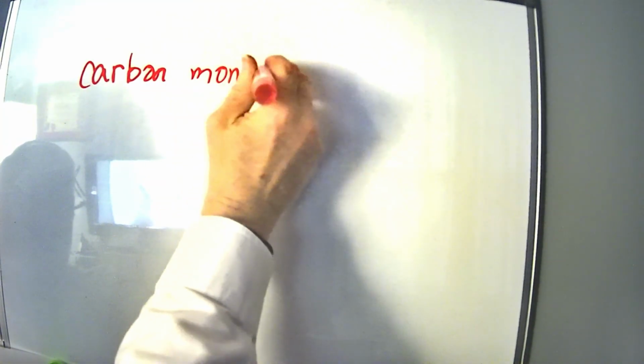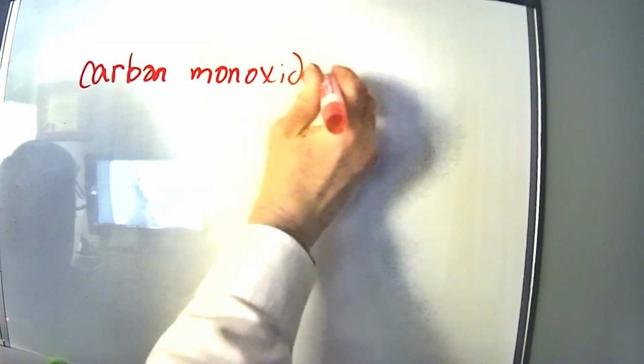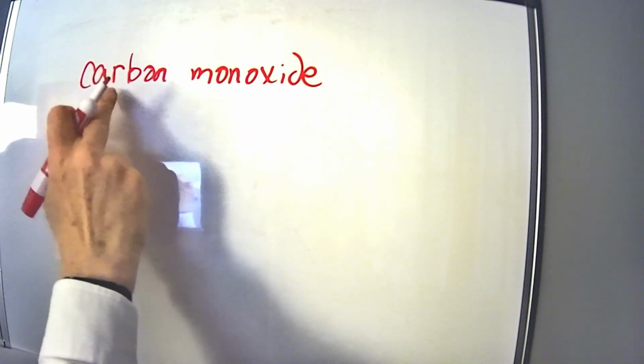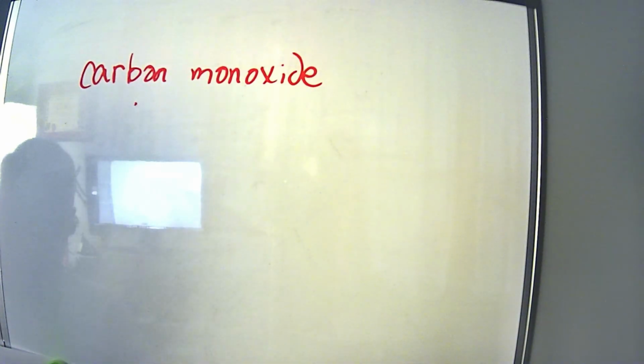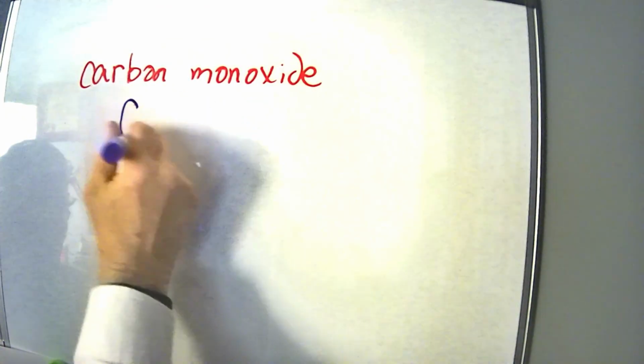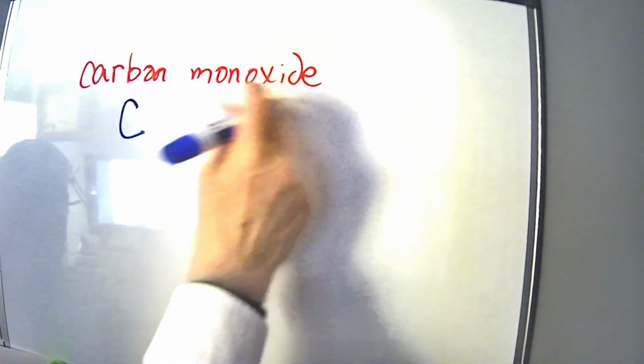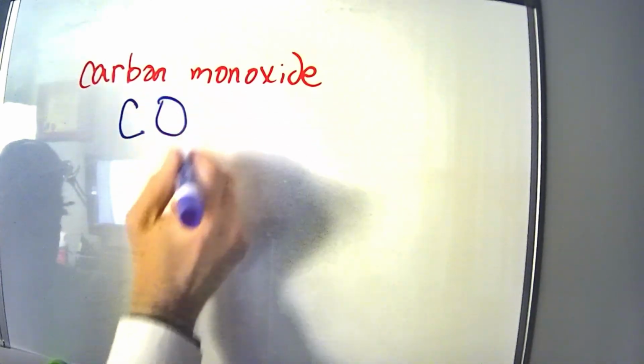So our first example here is carbon monoxide. There's no prefix, so it's understood that it's just going to be 1 carbon. So carbon monoxide, 1 oxygen, 1 oxide.